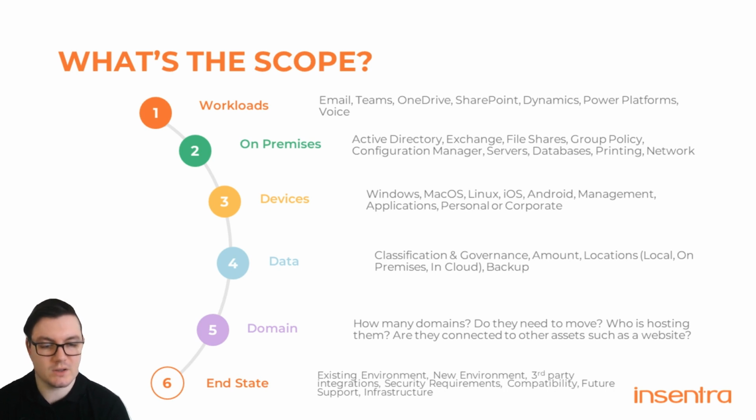Are there any third-party considerations or applications that need to integrate into this system? And if so, let's get some contact details for them and stuff like that. Are there any compatibility issues around the current devices that you have, or some solutions that you may have that might not be moving or want to be moved but may not meet the requirements of the destination tenant?